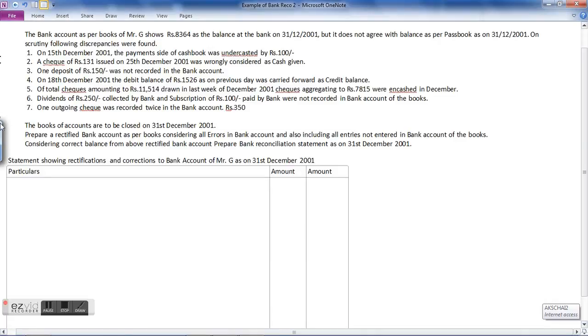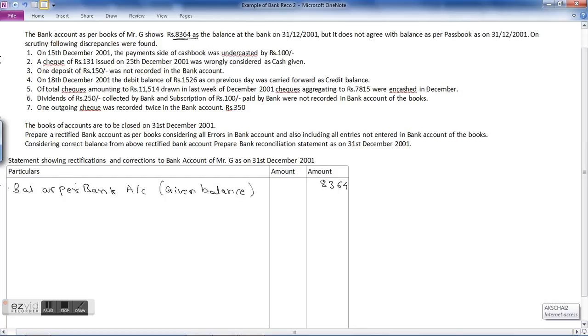We'll put it as balance as per bank account, whatever the given balance is. What is the given balance? 8364. When nothing is specified, we assume it is a debit balance, since it's a bank account. So 8364 is the balance given here.